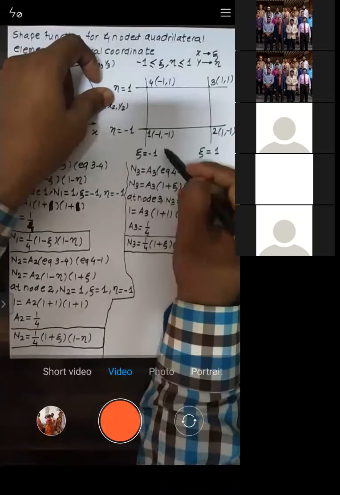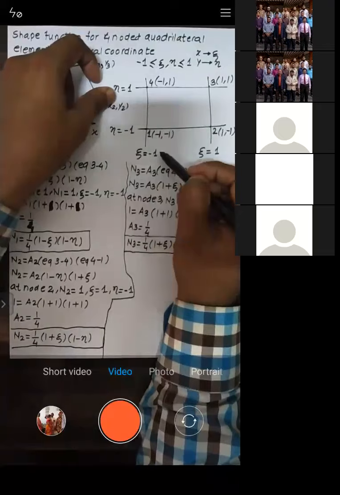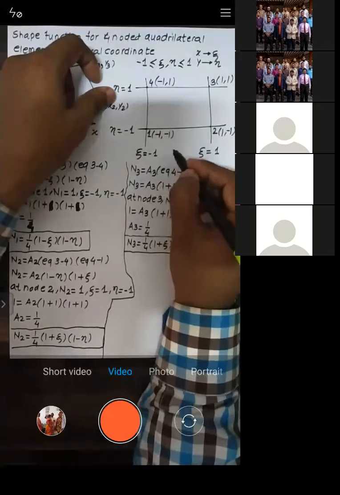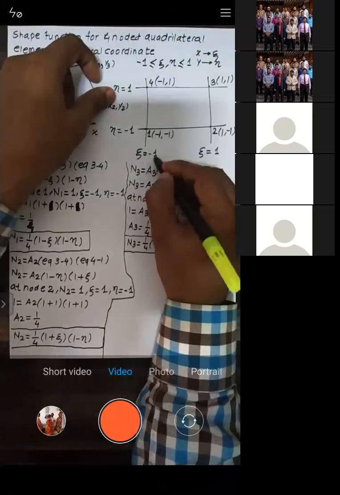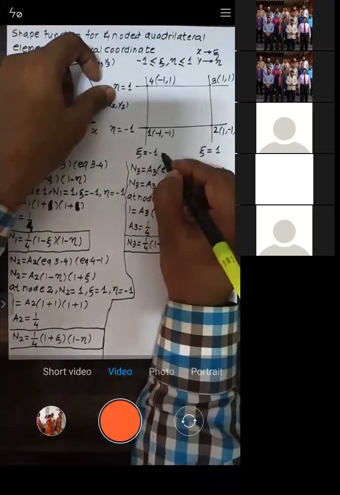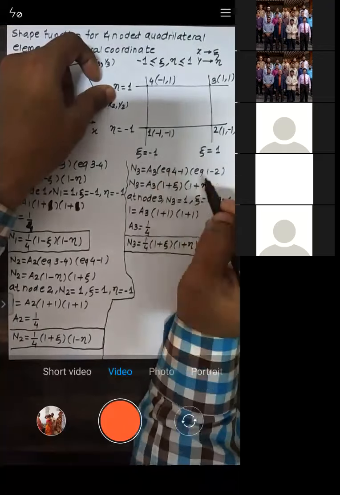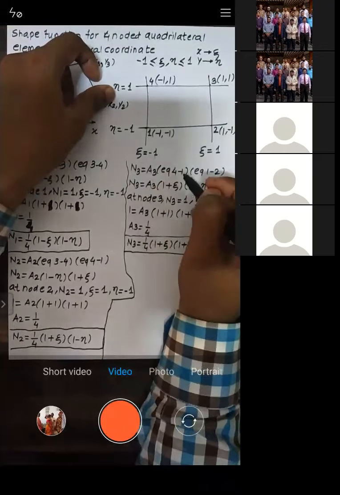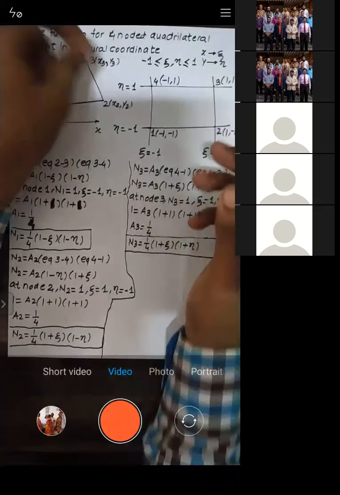It is zeta is equal to minus 1, right? Is it okay? Yes sir. See, what is the meaning of zeta is equal to minus 1? Write down zeta equals minus 1, and when you bring this zeta here, it is minus zeta, right? Minus 1 minus zeta is equal to 0. Is it okay? Yes sir. That means 1 plus zeta is equal to 0.